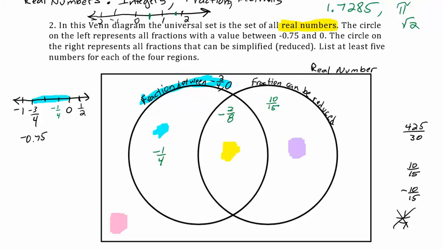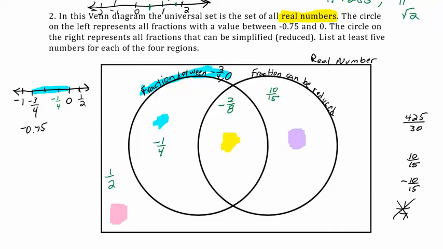That would work. A half is, let's make sure it does not meet both these criteria. So it's not a fraction between negative 3/4 and 0, and it's not a fraction that can be reduced. So that would work. All right, so I want you to list at least 5 numbers for each of the 4 regions. So you go ahead and finish that. And that will complete activity 2.